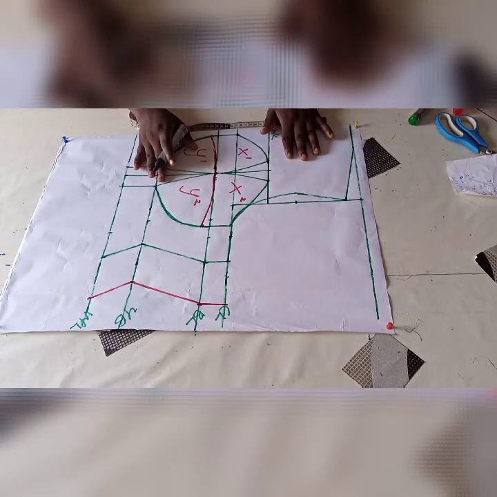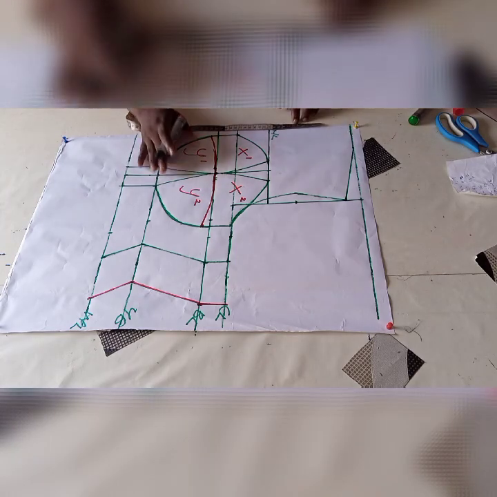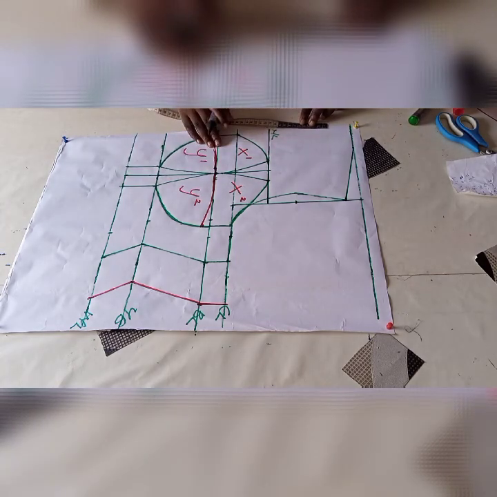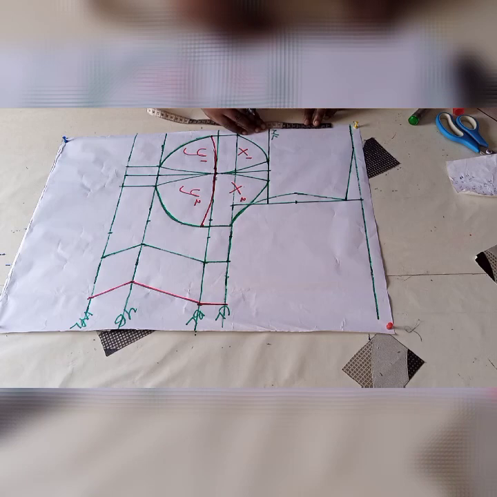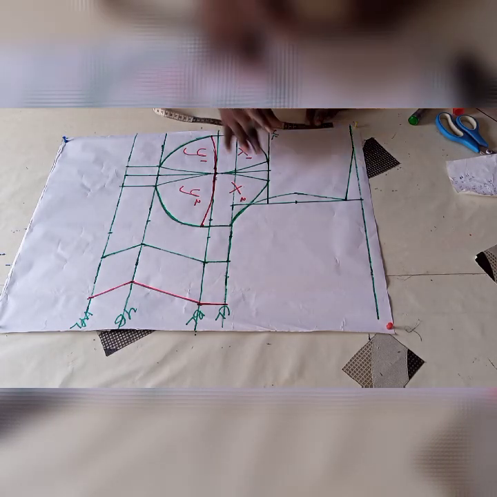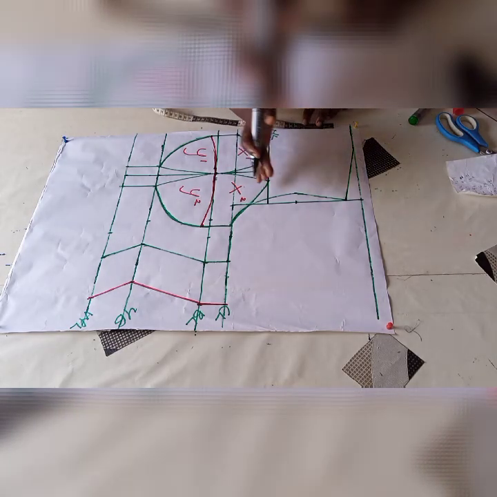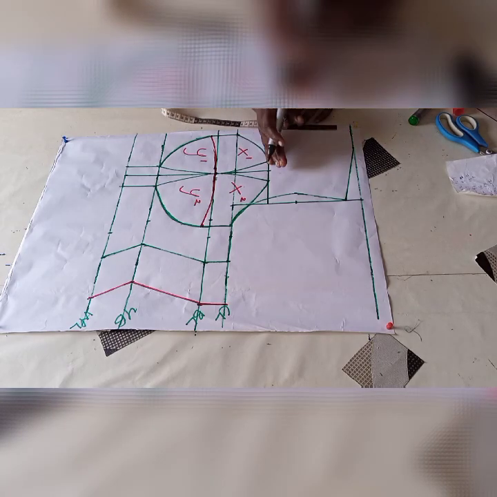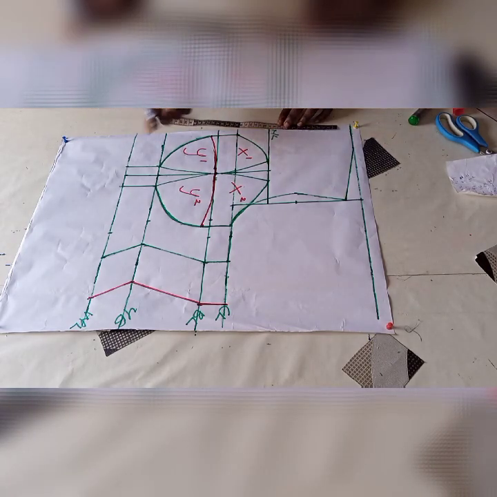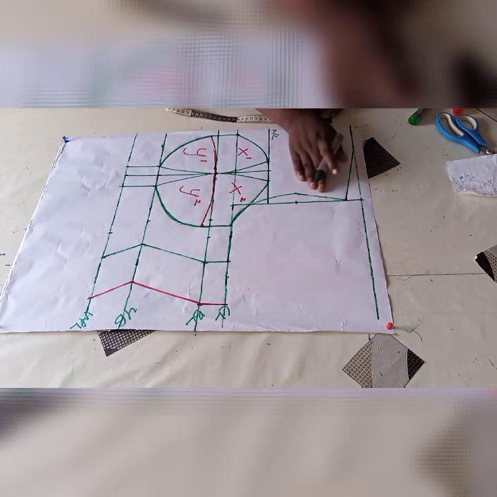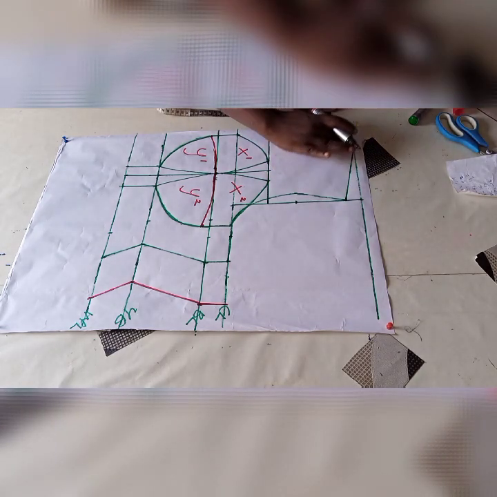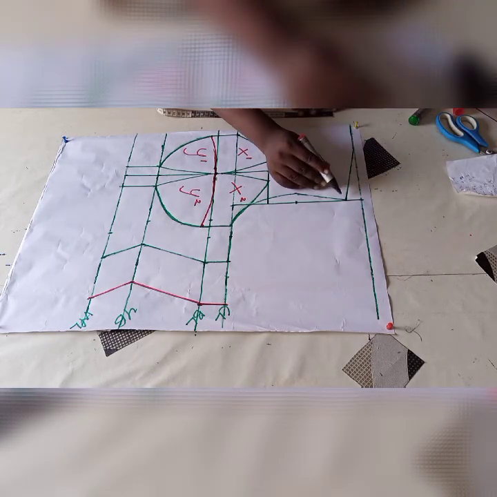So let me cut it out now for you to see. Before cutting it out, I want to explain some things. Supposing your concept, we have yoke. This is our shoulder part. You can see this is the shoulder.